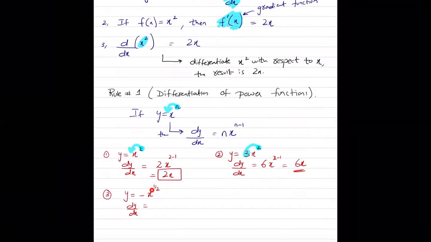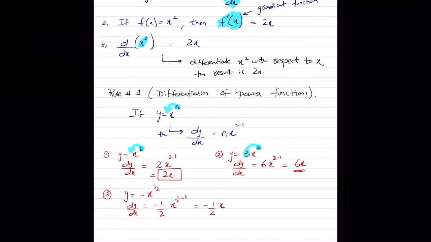Okay guys, can you hear me? Yeah, the power of half is going to be multiplied by the coefficient of x. So the coefficient of x over here is minus 1. Minus 1 times half is minus half x. Now the power is going to be decreased by 1. So minus half x to the power of, what is half minus 1?